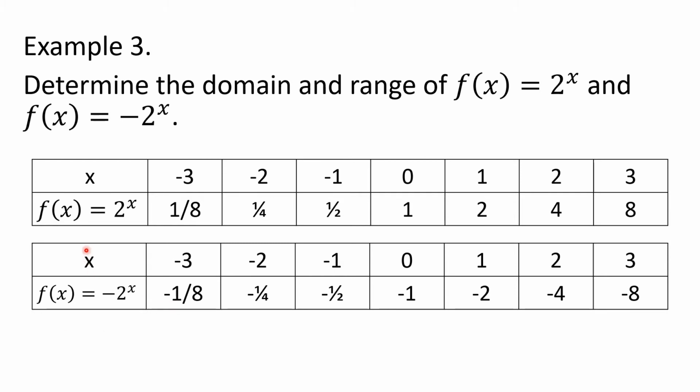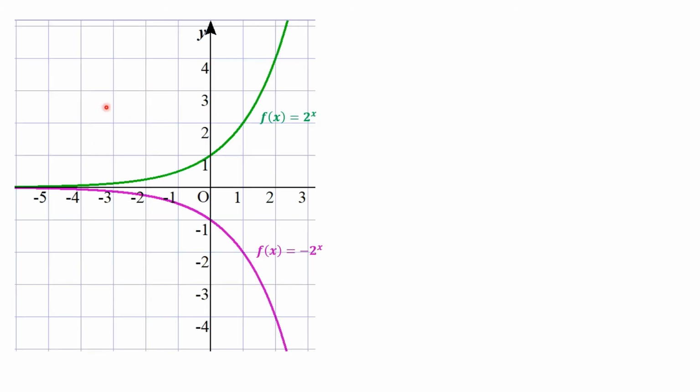Let us see them in the Cartesian plane. These are the graphs of the two equations when a is positive and when a is negative. They are symmetric with respect to the x-axis. We have learned that already in the previous lesson.